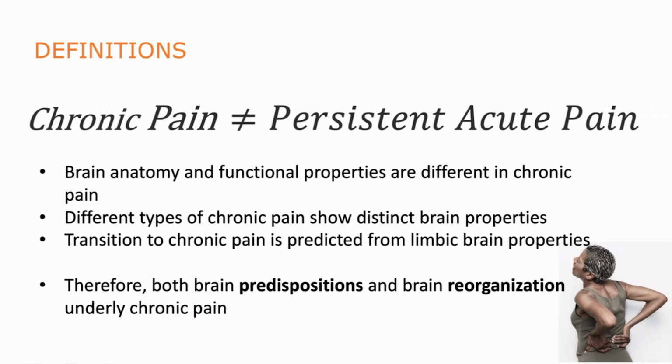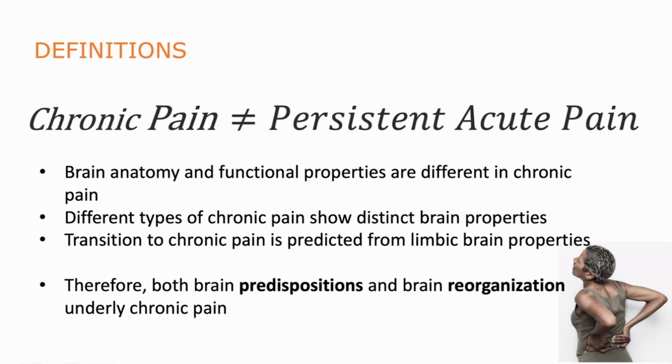We have unequivocal evidence that the brain anatomy and functional properties are different in chronic pain from those of acute pain, and that different types of chronic pain show different brain properties.